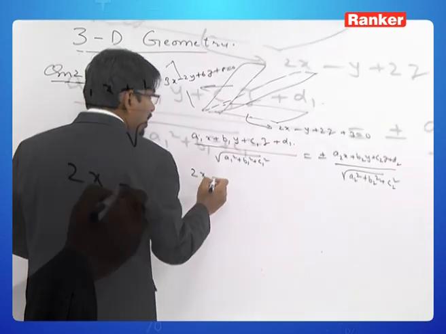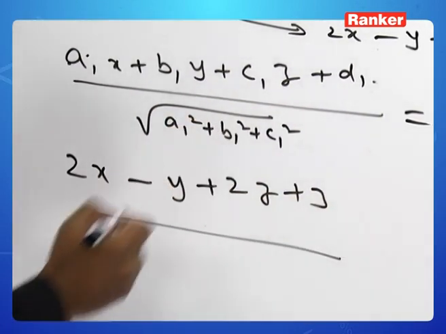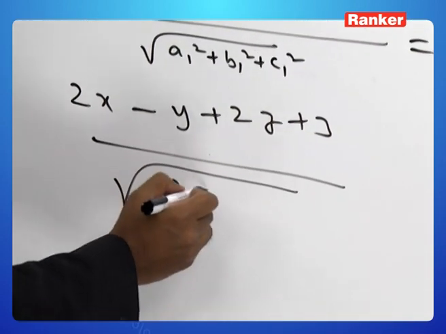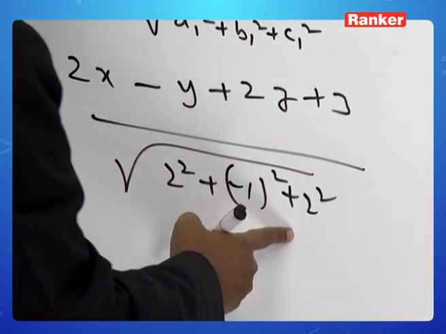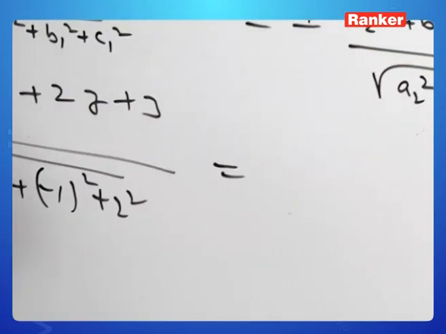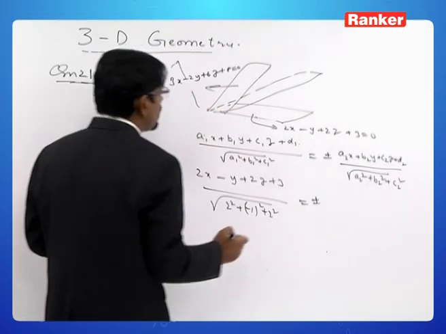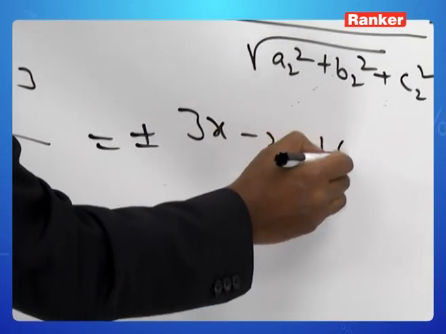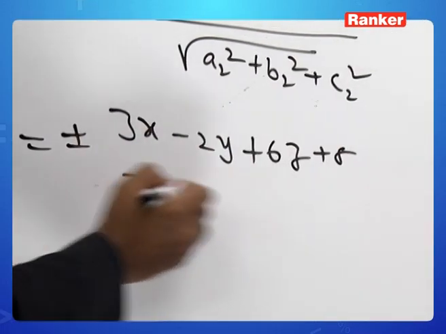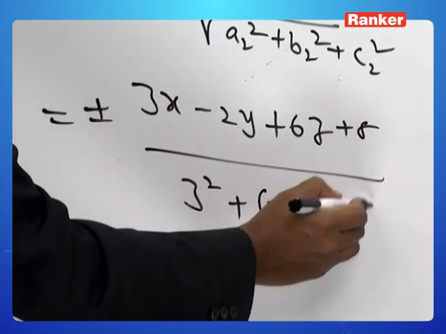So (2x minus y plus 2z plus 3) by root of 2 square plus (minus 1) square plus 2 square, which makes it 4 plus 4 plus 1, 3 under root of 9, that is 3. Plus or minus (3x minus 2y plus 6z plus 8) divided by root of 3 square plus (minus 2) square plus 6 square.